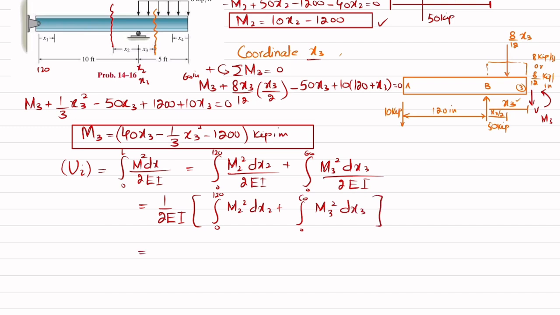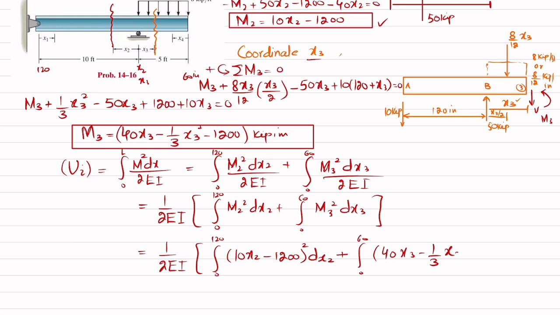Okay, just put the values. 1 over 2EI, and we will put integral 0 to 120, m2 is this equation, which is 10x2 minus 1200, dx2 square, plus integral of 0 to 60, m3 is 40x3 minus 1 over 3 x3 square minus 1200, into dx3.